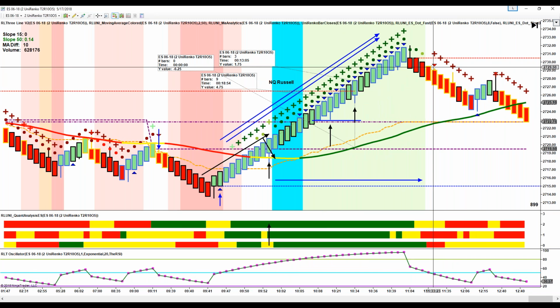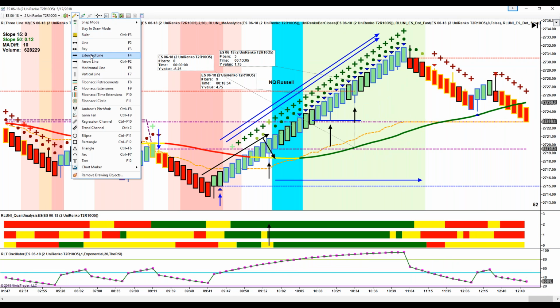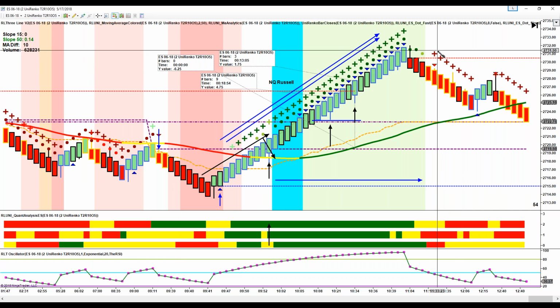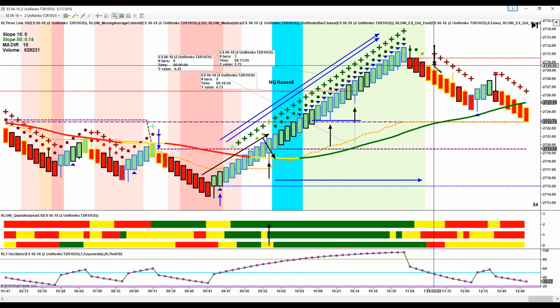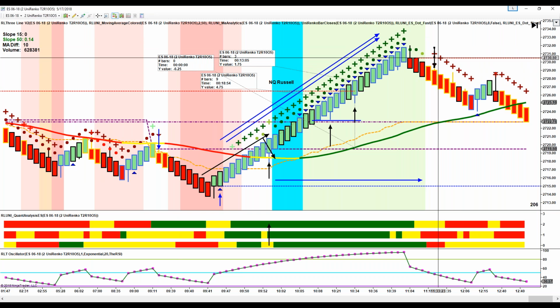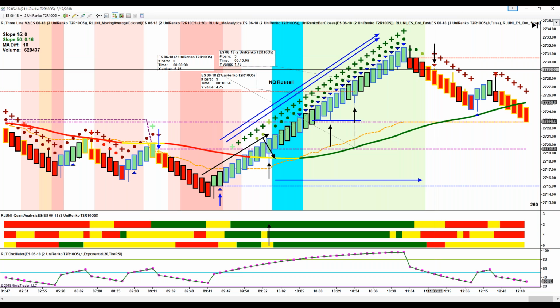Now on the counter trend trade right here, you really do have one heck of a nice trade. And like I said, you don't get very many counter trend trades like this because you have a confirmatory dot. Now the X is the faster of the two, but they're confirming that the Russell and the NASDAQ have also turned down.